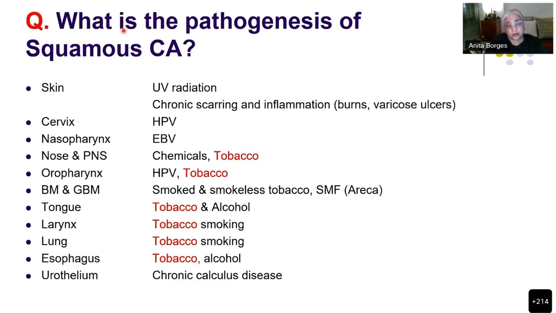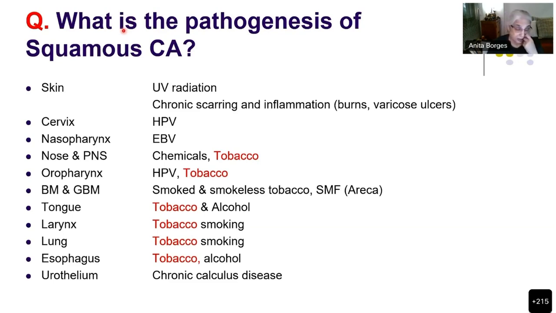We have the nasopharynx, which is EBV, and EBV has effects on genes that are involved in proliferation. You know that. For instance, in Burkitt, c-MYC is an extremely important gene, and EBV acts through c-MYC. Then you have the nose and paranasal sinuses, where you get squamous carcinoma.